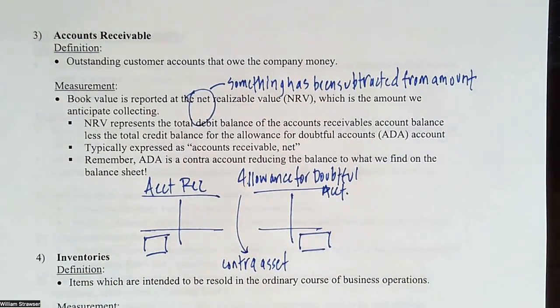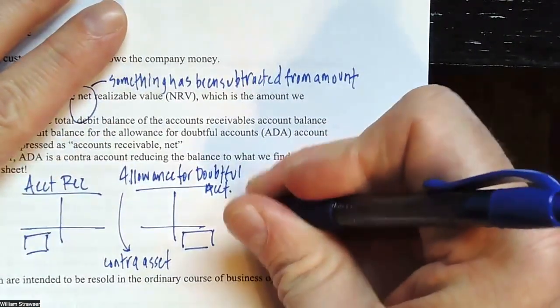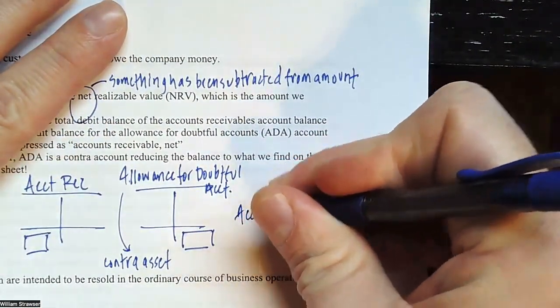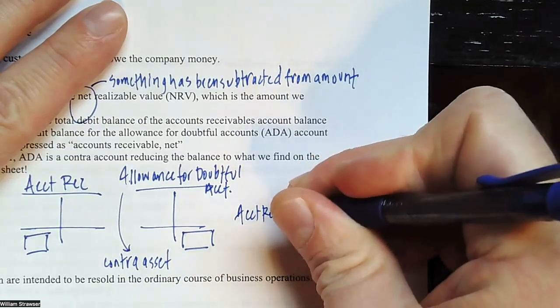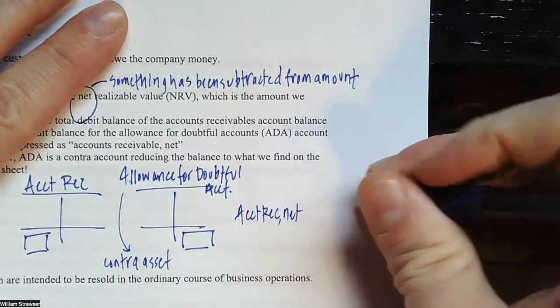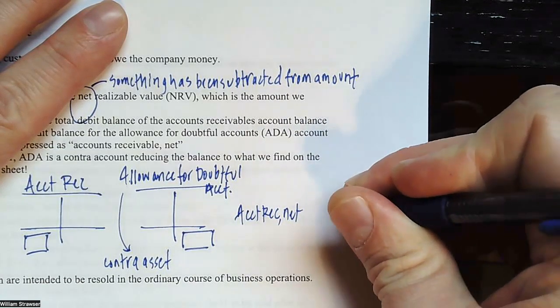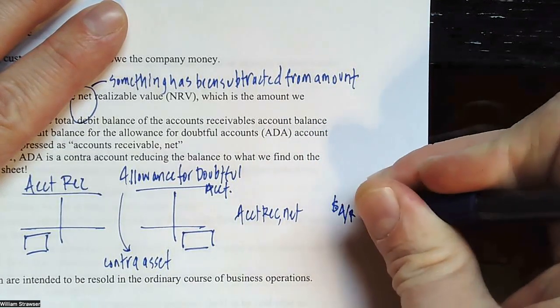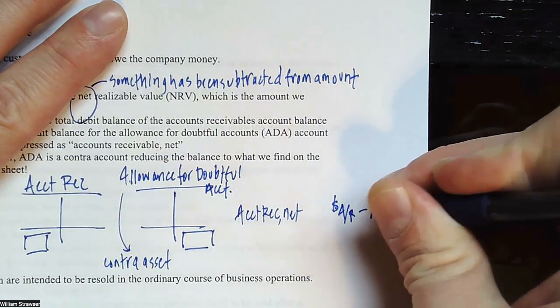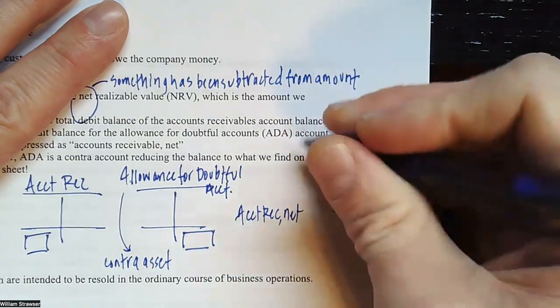And then when we report them on the balance sheet, it would be reported as accounts receivable, net, basically the dollar value of accounts receivable minus my allowance for doubtful accounts.